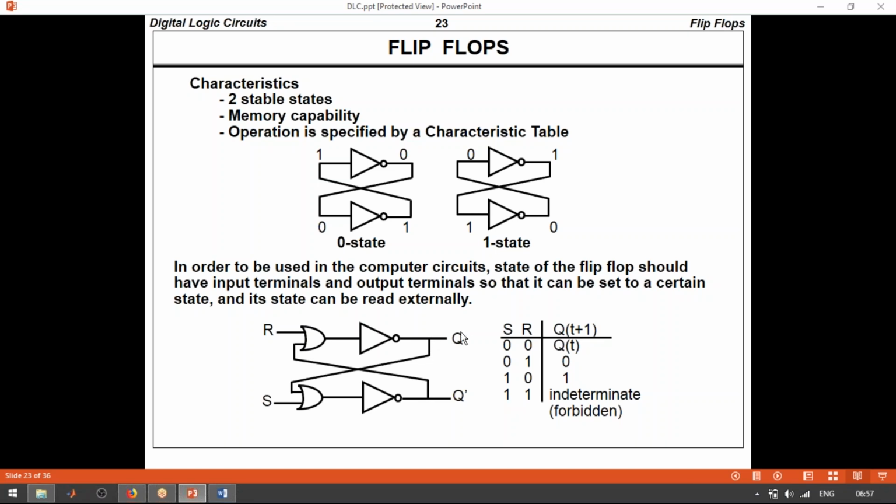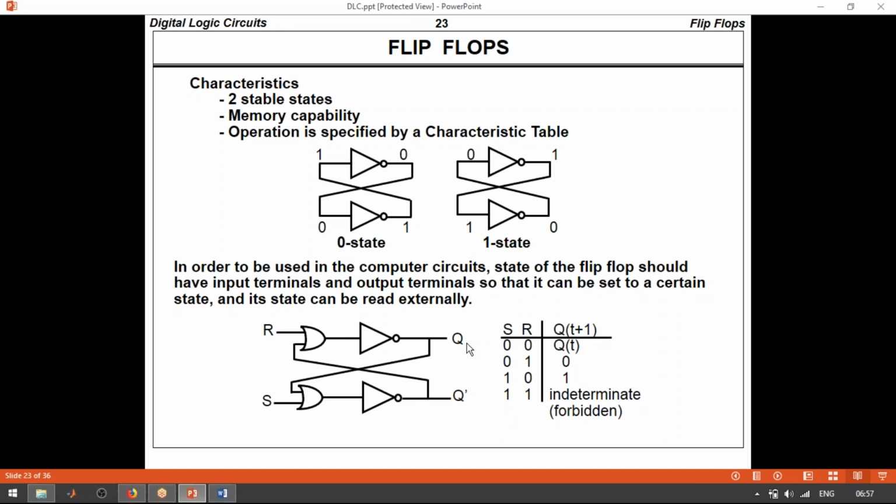Did you understand? Q and Q bar are both 0 if both the inputs are 1. Actually, if Q is 0, then it must be 1 on the Q bar side, but here it is 0. In the same case, if I choose Q as 1 and Q bar as 0, the same output comes, that is, both outputs become 0 0.